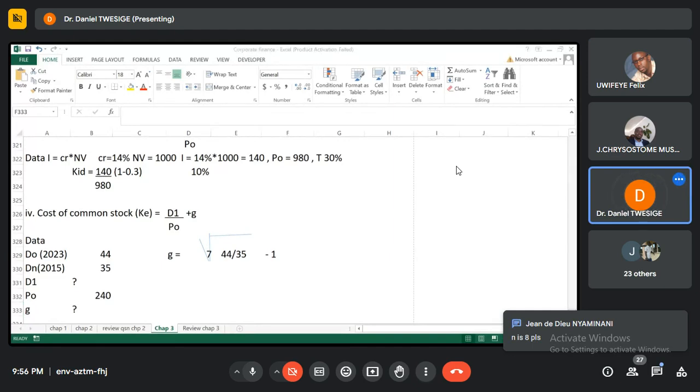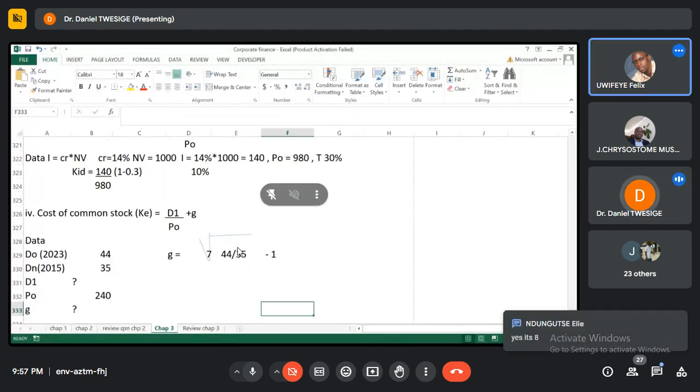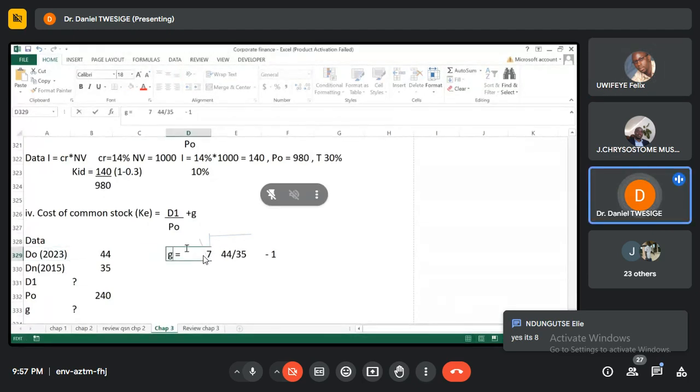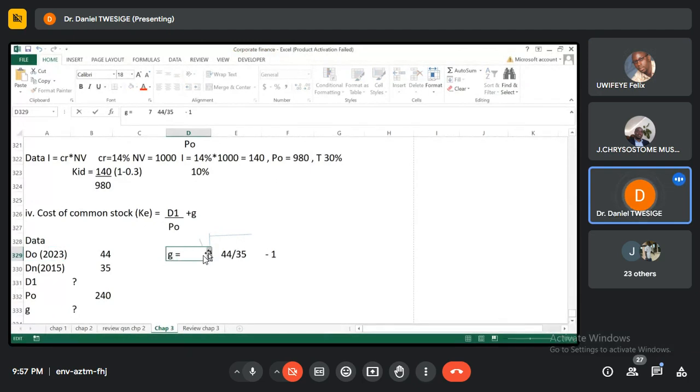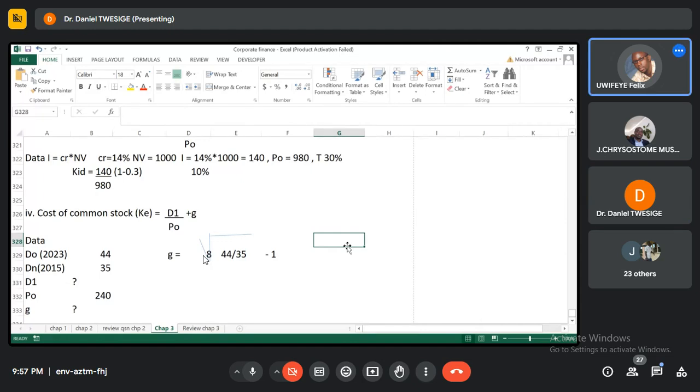For me, I'm seeing as if they are 8 years. N is 8. I'm also seeing 8, not 7. If I count 2016, 2017, 2018, 2019, 2020, those are 5. Then 21, 22, 23. I think they are 8.